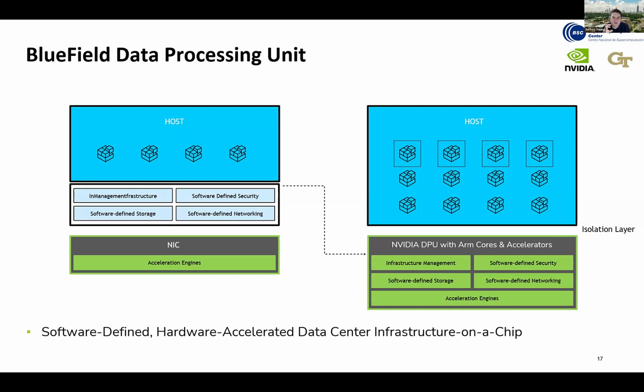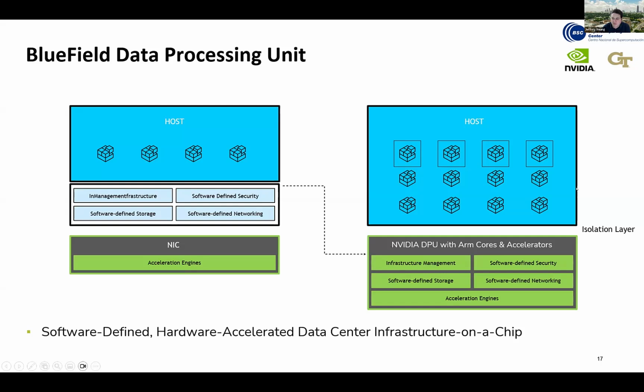NVIDIA BlueField has a lot of different hardware accelerators in addition to the generic ARM cores. So things like compression engines, some very custom inline processing cores, and then functionality and libraries for all these different features, from security to packet processing, and libraries to interact with storage and NVMe drives.